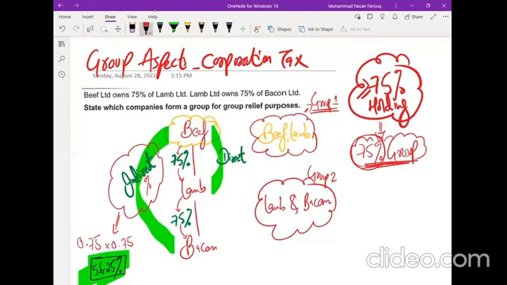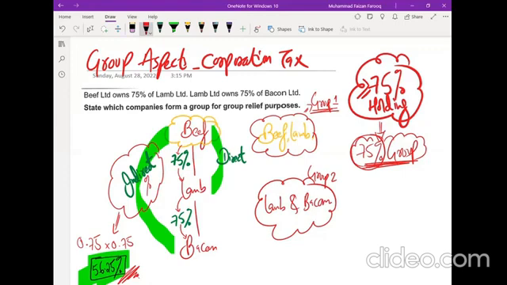But Bacon cannot share any loss with Beef, because Beef and Bacon are not in a 75% group. Lamb is in between, so Lamb has good options. Either it can give its loss to Beef, or it can share its loss with Bacon as well. It has two choices. But Beef can share its losses with Lamb only, and Bacon can share its losses with Lamb only.